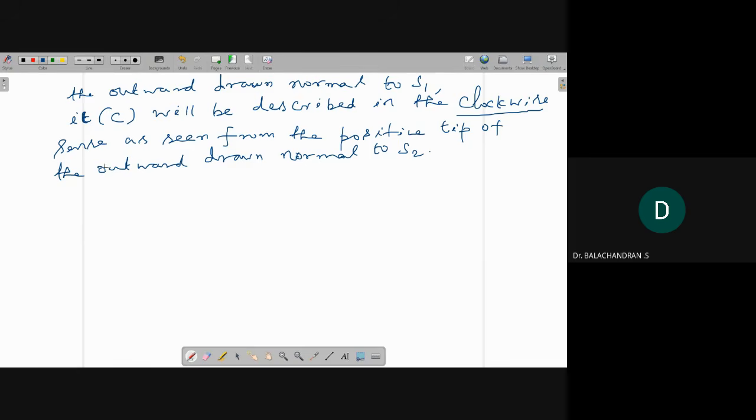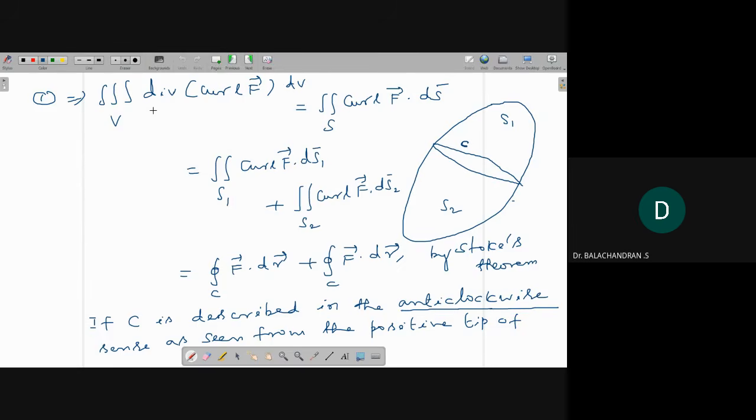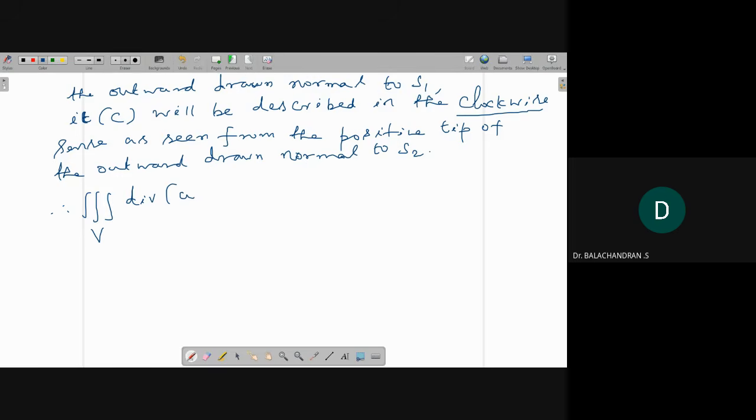So because of this, we have the triple integral over V of the divergence of curl F vector into dV, which is equal to the integral over C of F vector dot dr vector, minus the integral over C of F vector dot dr. Both of them have the same value but opposite sign.